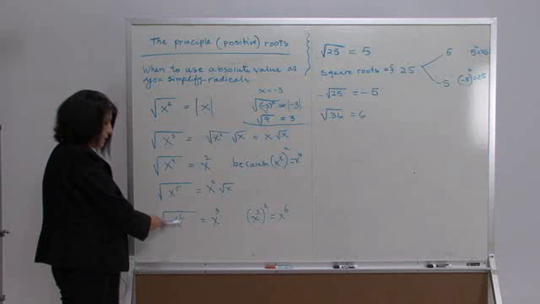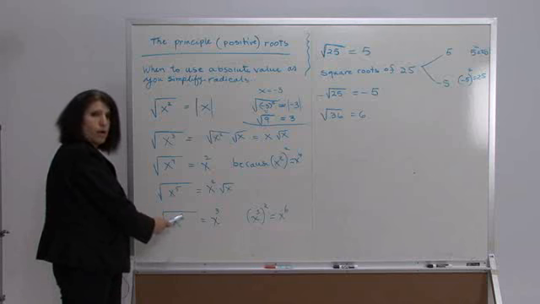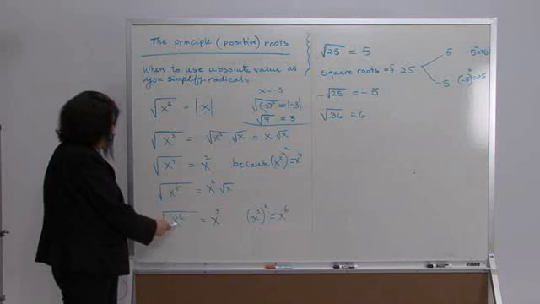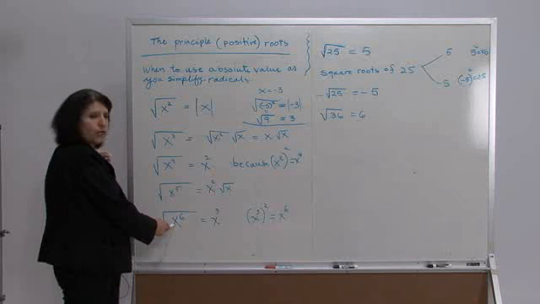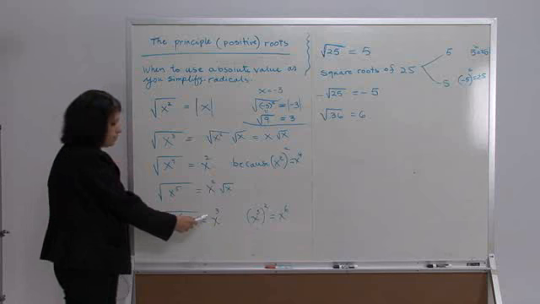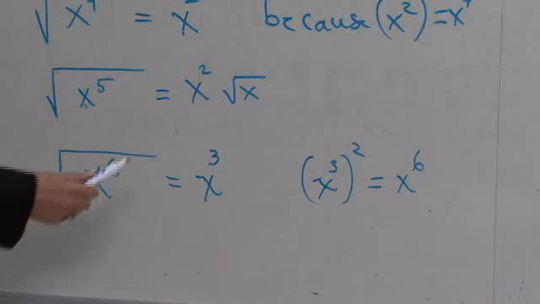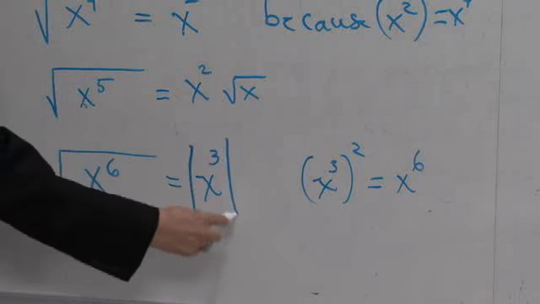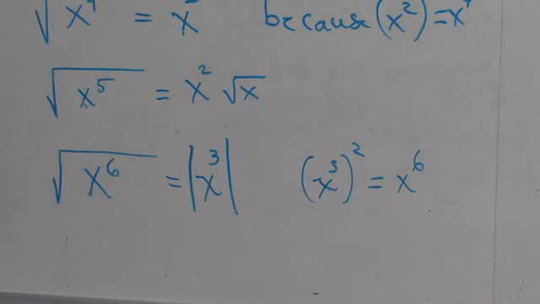Yes, if x is negative, when you raise it to an even power, this radicand is positive. So we can simplify this radicand. Now, x could be positive or negative here, so our answer must be positive. How can we make x cubed positive? Here we need to put an absolute value around the x cubed.